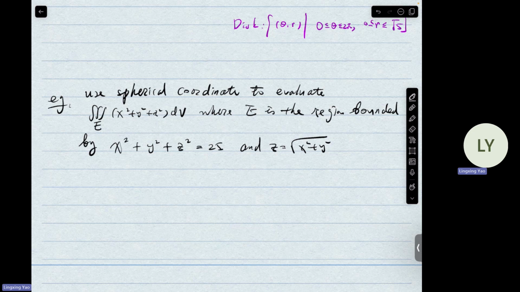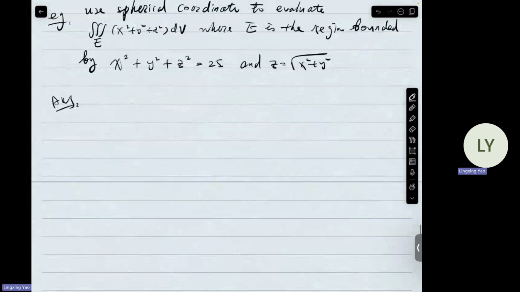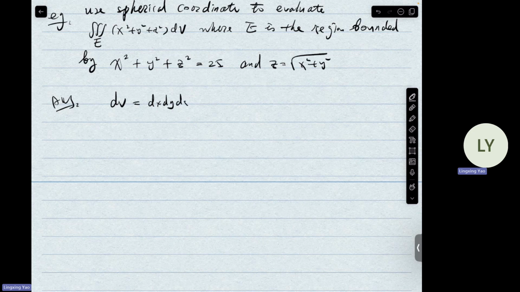Remember, the only trick I want to emphasize here is that dV, which could be dy dx dz, if you want to convert it into spherical coordinates, you have to do this. This is what I'm trying to emphasize.